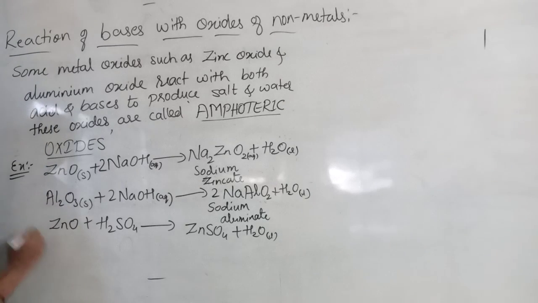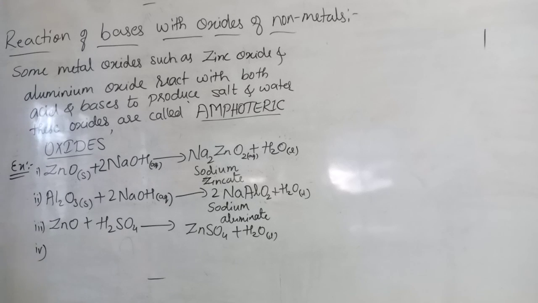Now you can write down for aluminium also, aluminium oxide plus acid. They form their salt.